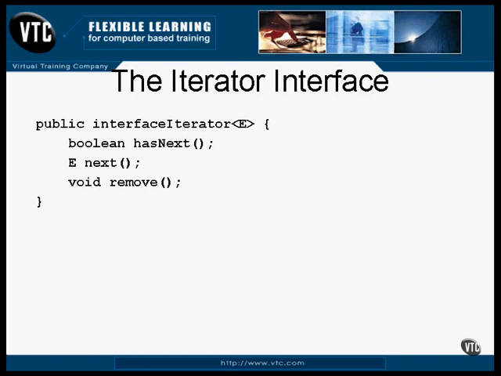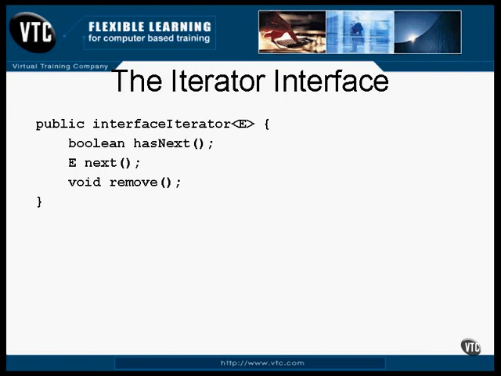It's set up so it can read sequentially through the collection one time. You have to call hasNext to determine whether there is another element to be read, and the next method then will return it to you. The remove method will remove an element from the underlying collection. In fact, it's the only safe way to modify a collection and continue to use the iterator.